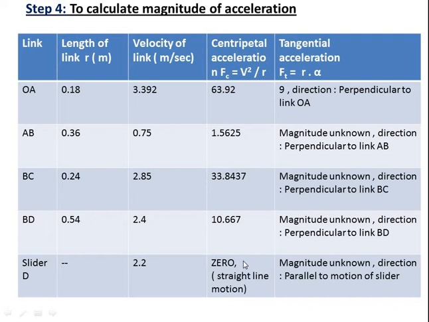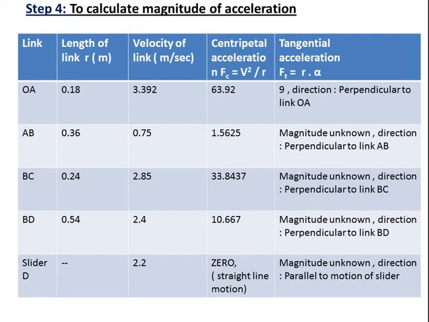So its magnitude will be unknown and its direction will be parallel to motion of the slider. So using this data, we have to calculate the centripetal components of acceleration for all the links AB, BC, BD. It is calculated by using v square divided by r, that is velocity square divided by length of link. So we will be getting the magnitudes of all the centripetal components of acceleration.